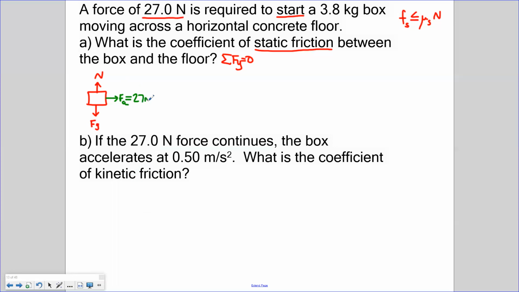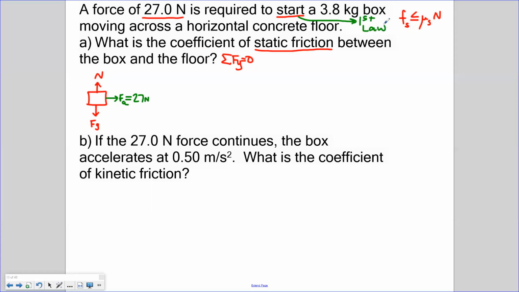If you want to leave that off for now, then you can as well. You can just label the names of the forces. And then in this problem, since we are just starting, the box is at rest. It wants to remain at rest. This is a first law problem. Okay, anytime that we're starting an object at rest, that's first law. Okay, so until we can actually get it moving, it's going to remain at rest.